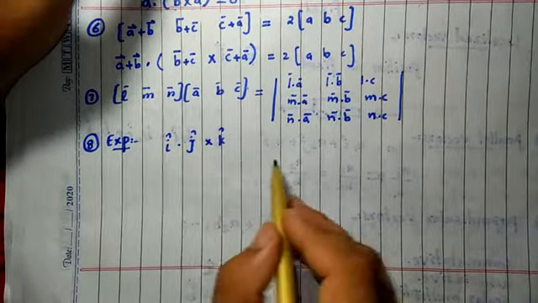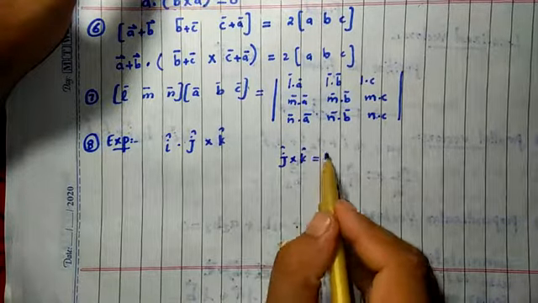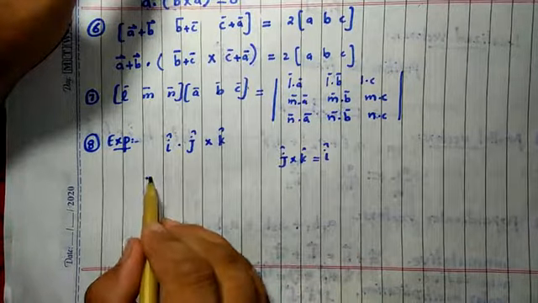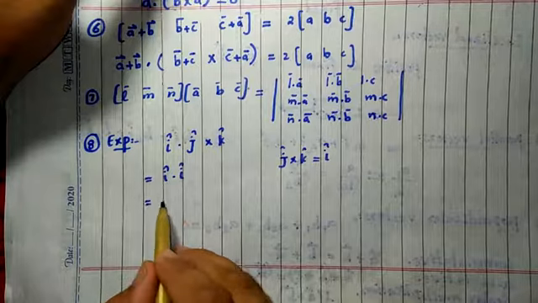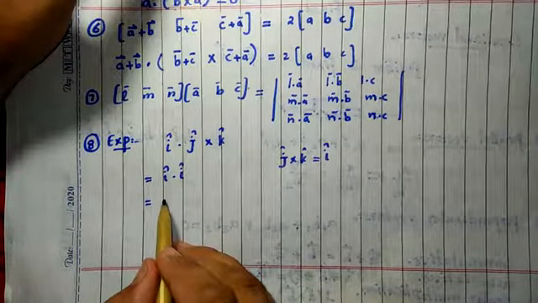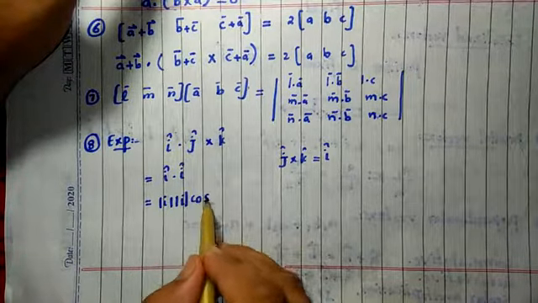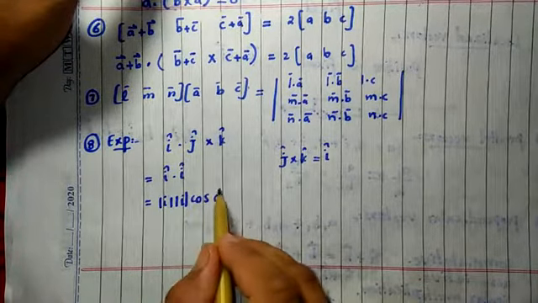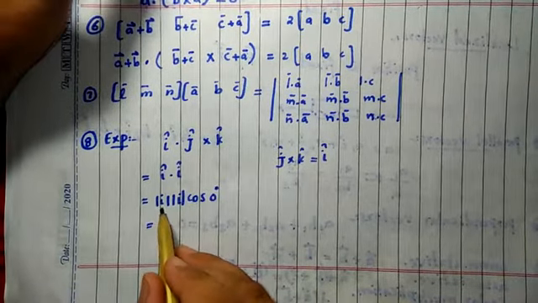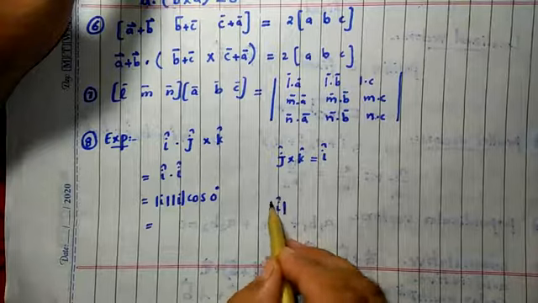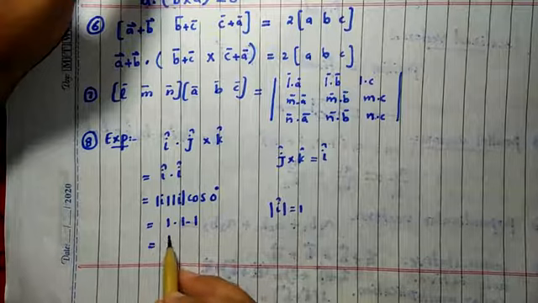So j cross k we know will be equal to i, so this will be equal to i dot product i, and we know that this will be equal to i magnitude and cos of 0, so it will be equal to i magnitude, because a unit vector is a vector whose magnitude is 1, so it will be equal to 1.